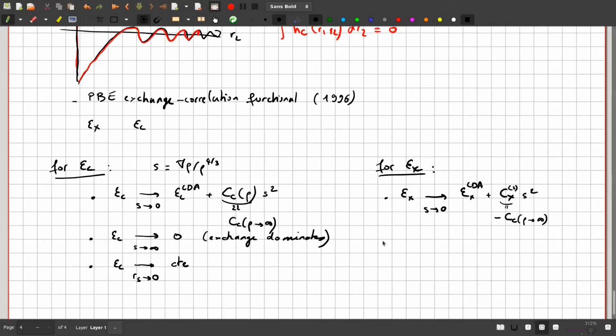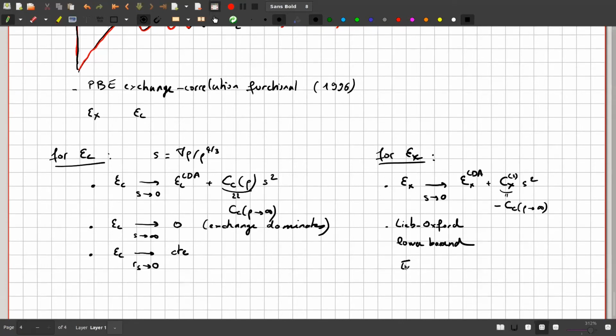And the last condition that they imposed is the so-called Lieb-Oxford lower bound, which is that the exchange energy must not be too negative. It must always be greater than some constant called the Lieb-Oxford constant times the integration of rho of r to the power 4 over 3.